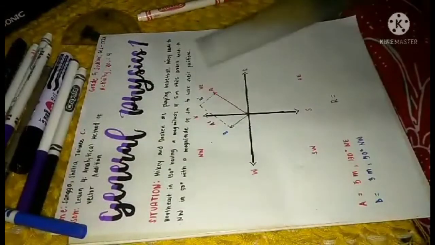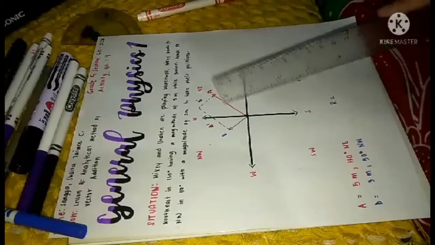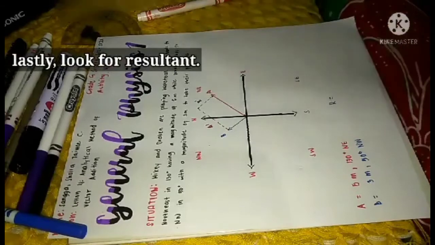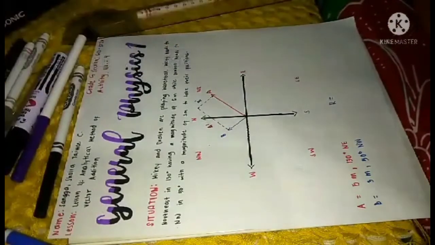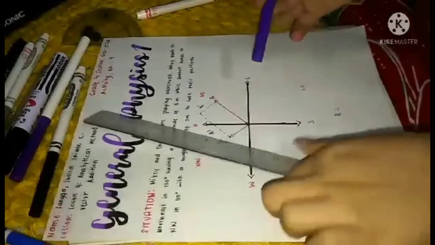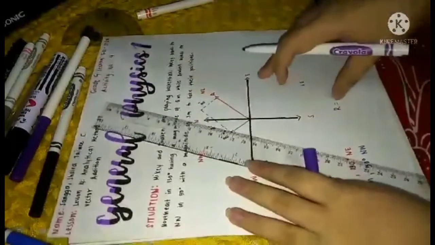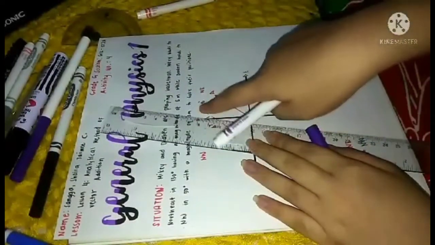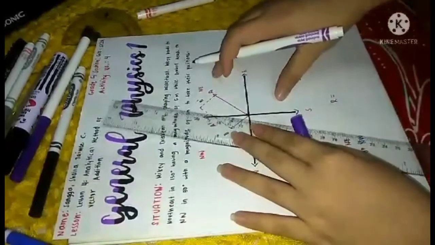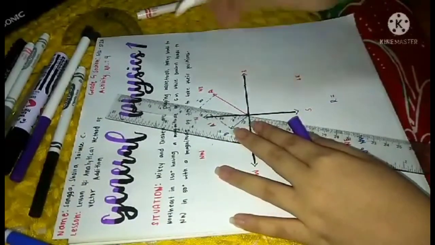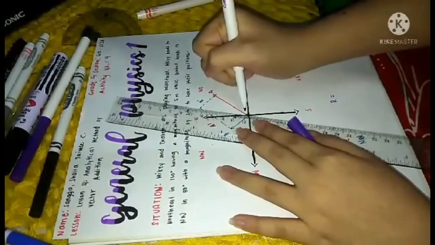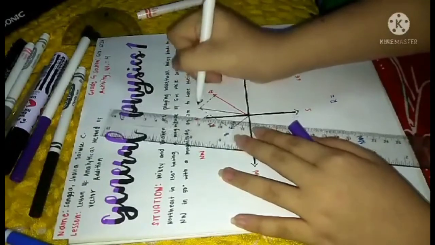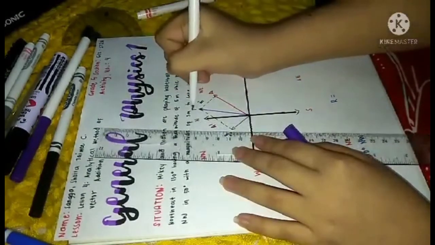So, una, draw the vectors. Then, copy. Resultant. So, makukuha natin yung resultant from the origin, papunta doon. Yan. Ito yung resultant.